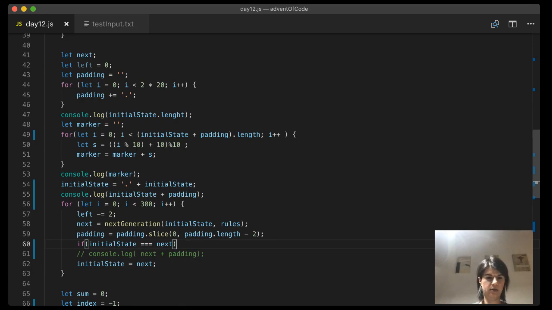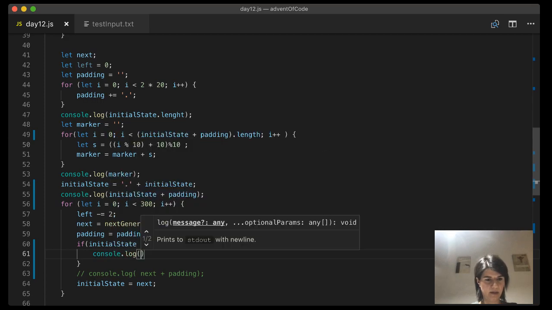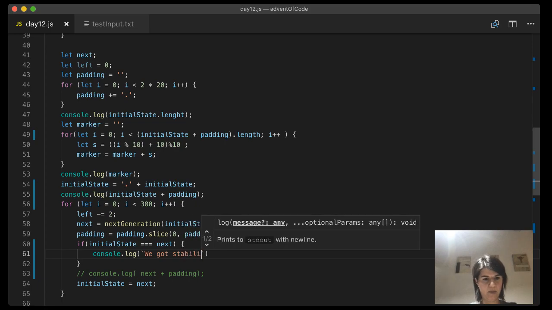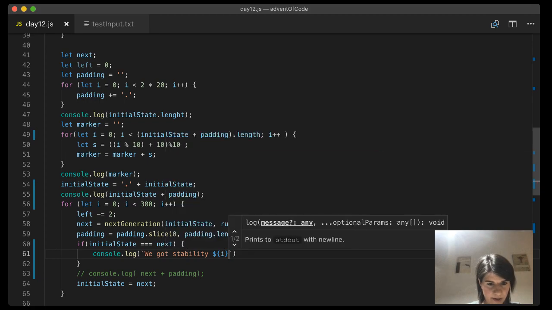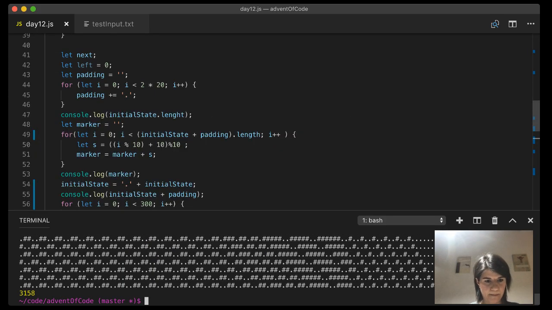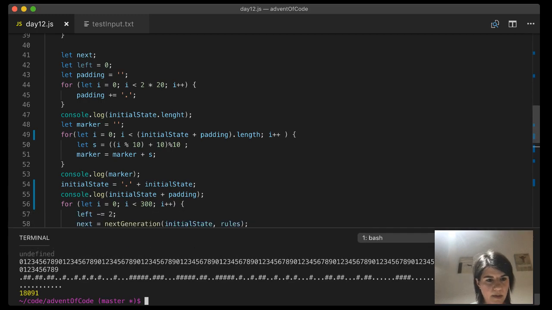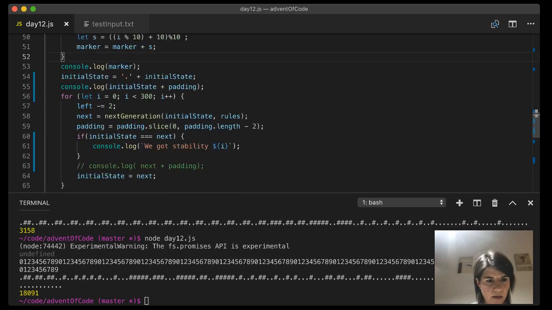No, my next is not growing on the right. Console.log, we got stability on i. That is a great hint. I like that, except I never got stability. I think one is a little bit bigger or smaller.